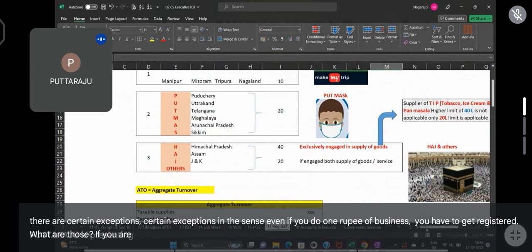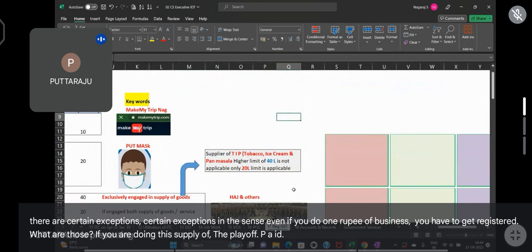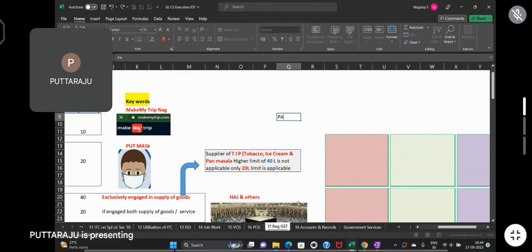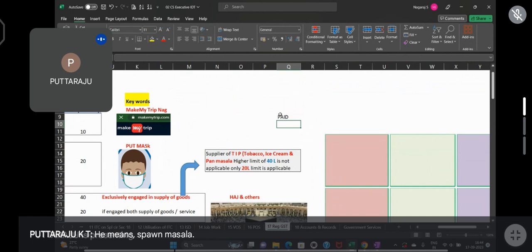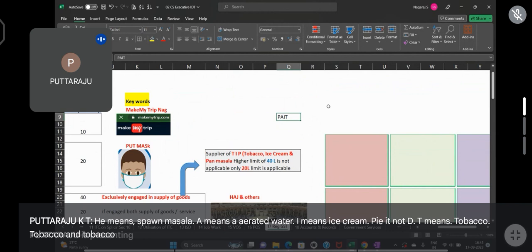If you are doing the supply of PAIT: P means pan masala, A means aerated water, I means ice cream, T means tobacco and tobacco products.